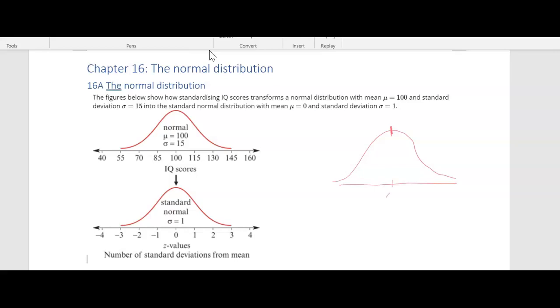We always have the mean in the middle, represented by mu, and that's the same as your median. So when you've got data that is symmetrical, your mean and your median are the same, and it's that peak there. Also with the normal distribution, the standard deviations are spaced the same. So you can see in these diagrams, and I'll talk about that in a sec.